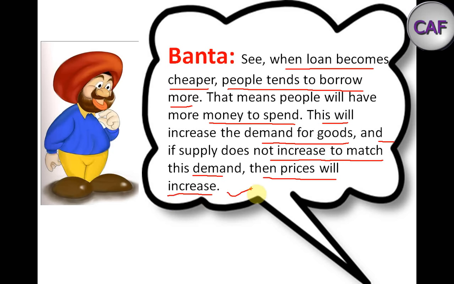Guys, I am telling you a very basic example. Suppose you are a government employee and on the occasion of the Diwali festival, the government gives you a bonus. Definitely when you have the money, your purchasing power will increase. You will buy a television for the festival, or you will purchase gold for your wife, your son, your daughter.